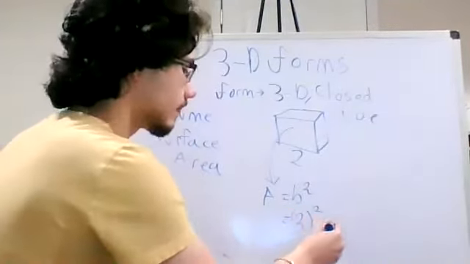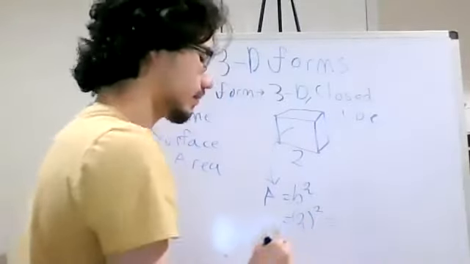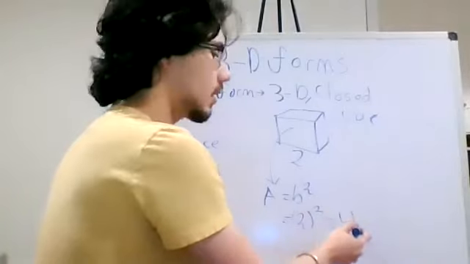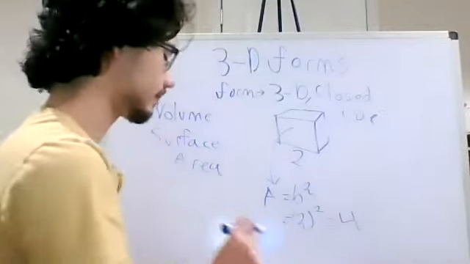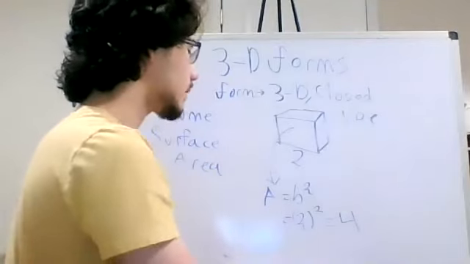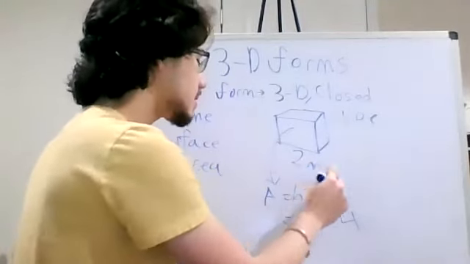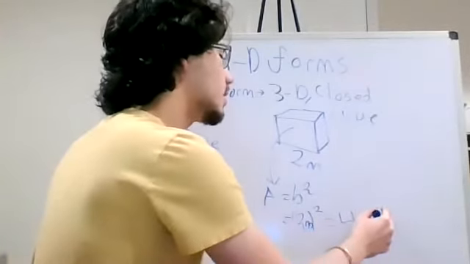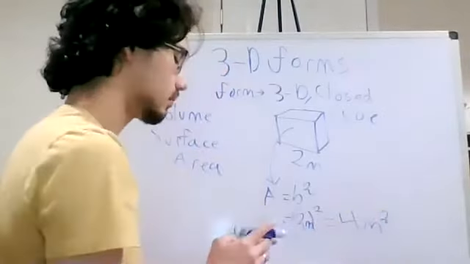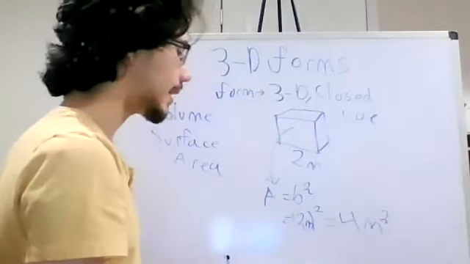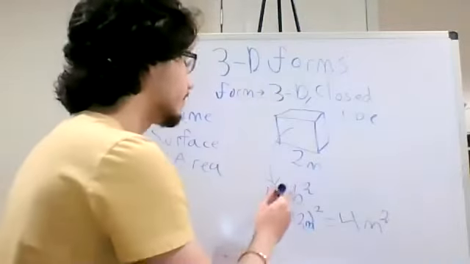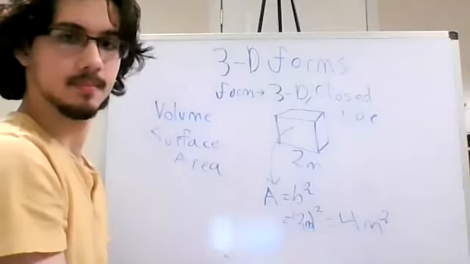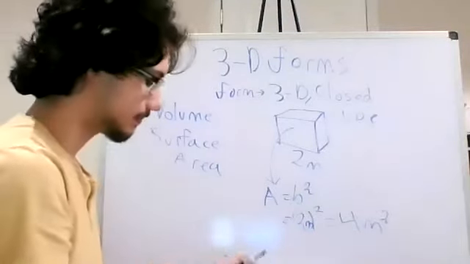Which is? 4 square. Just 4. If we said it was 2 meters, then we would say that it is 4 meters squared. Okay, so we have the area of one side. What do we do next?